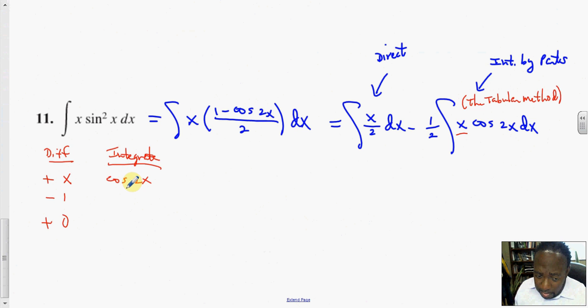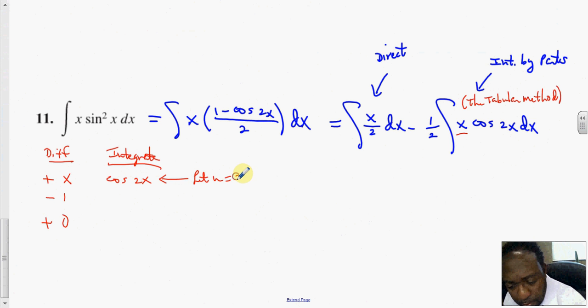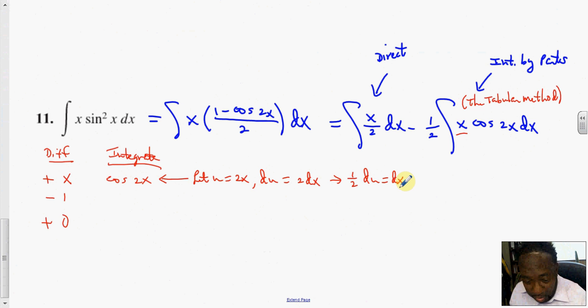Now here this is a u du as well. Let u equal 2x, and so du implies that 1/2 du will be the dx in that integration. So what this comes out to be, the integral of cosine, you remember, is sine, but then it's going to be times the result of the dx, which is 1/2.